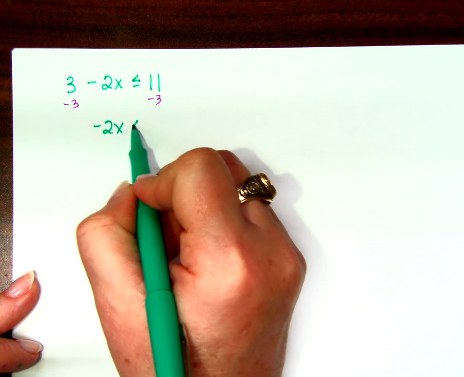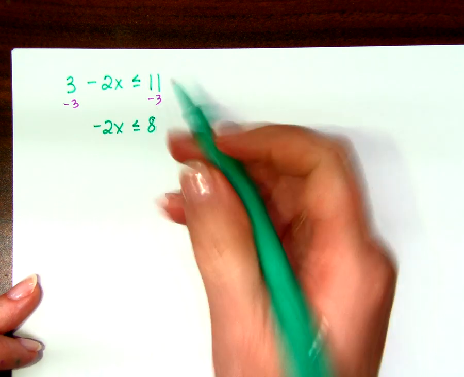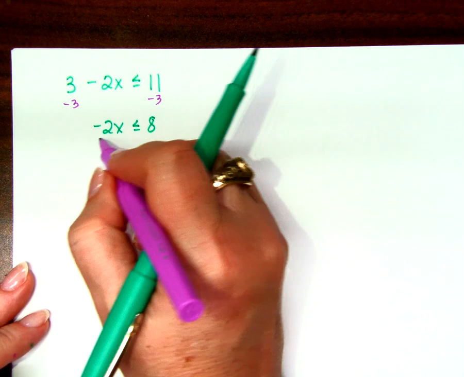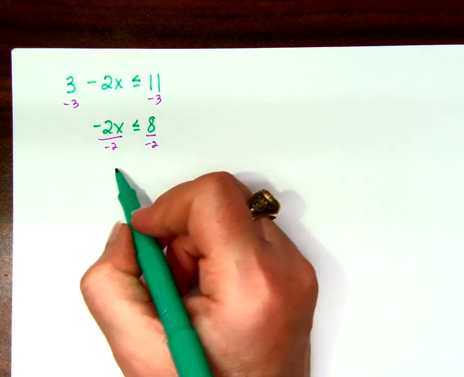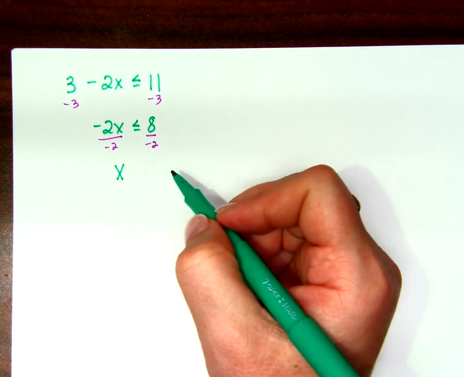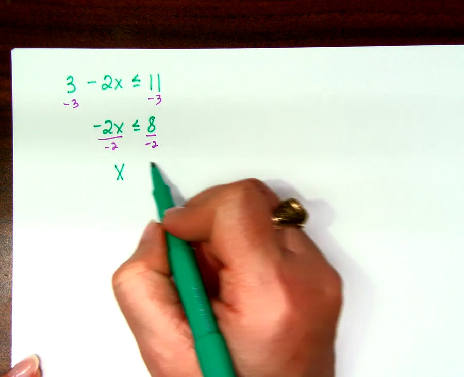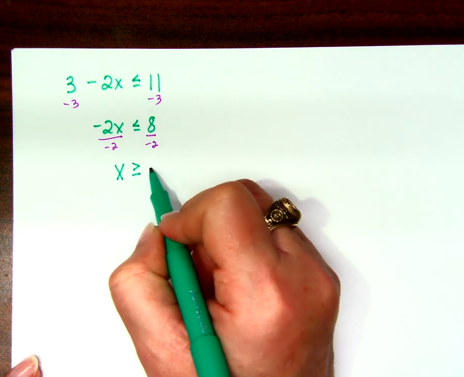Negative 2x is less than or equal to 8. Divide both sides by negative 2. x is, for sure, greater than or equal to negative 4.